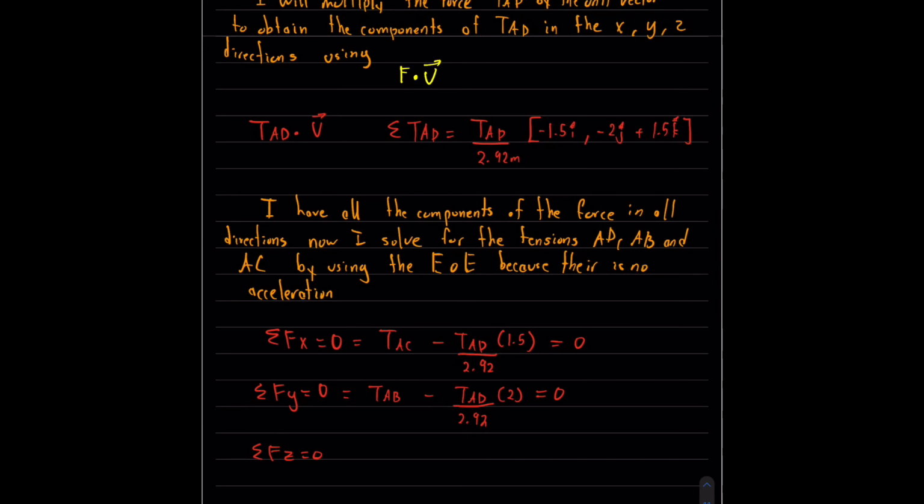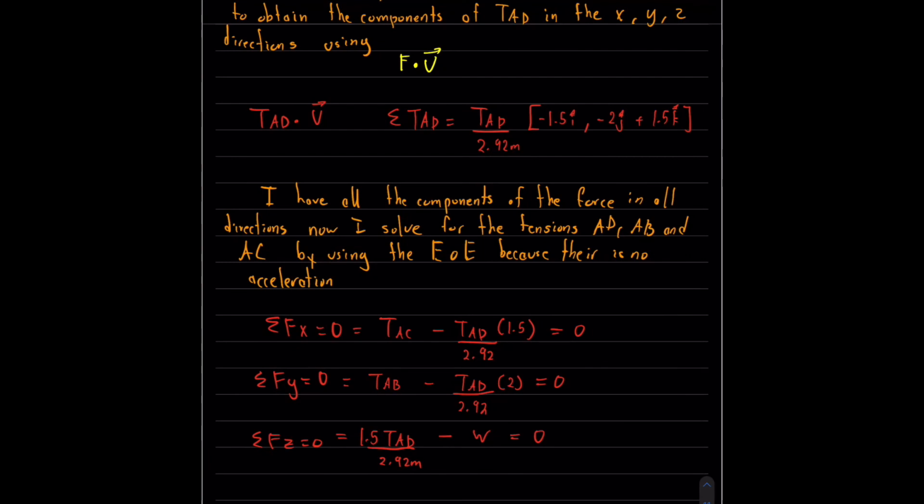So that's going to be 1.5 tension AD over 2.92 meters minus the weight equals 0. The force due to weight is going to equal the 40 kilograms we had times 9.8. Putting that into the calculator, that is 392 newtons.